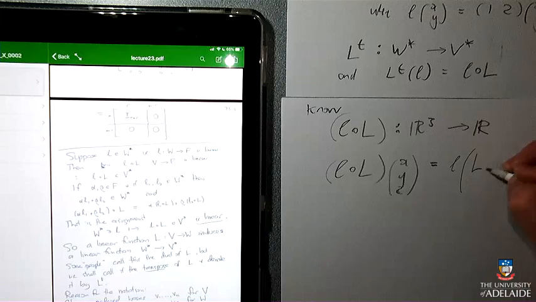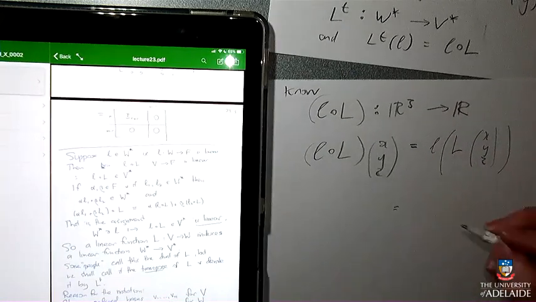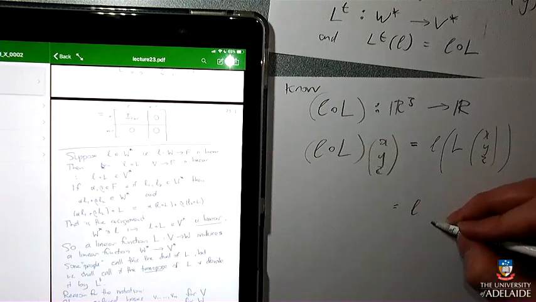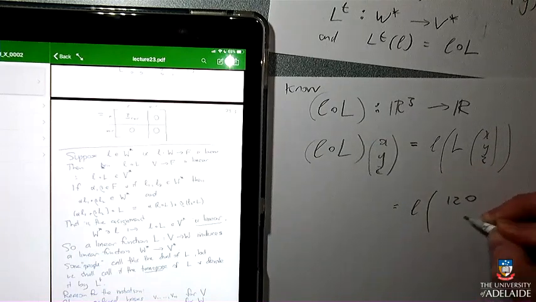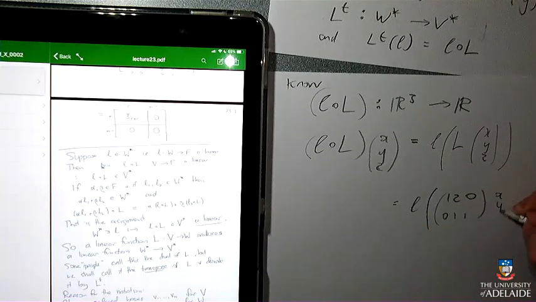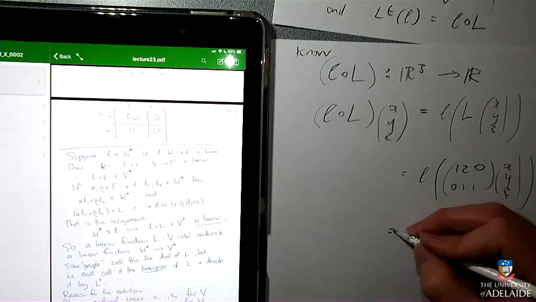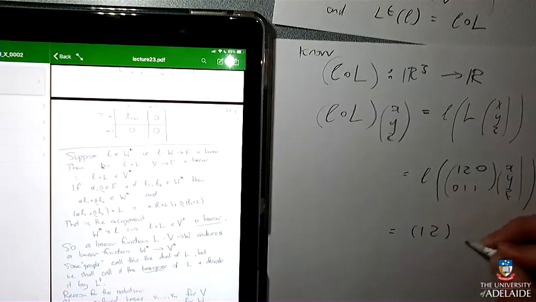And that should be l of the matrix 1, 2, 0, 0, 1, 1 times x, y, z, because that's what L is. And little l should be 1, 2 times this.